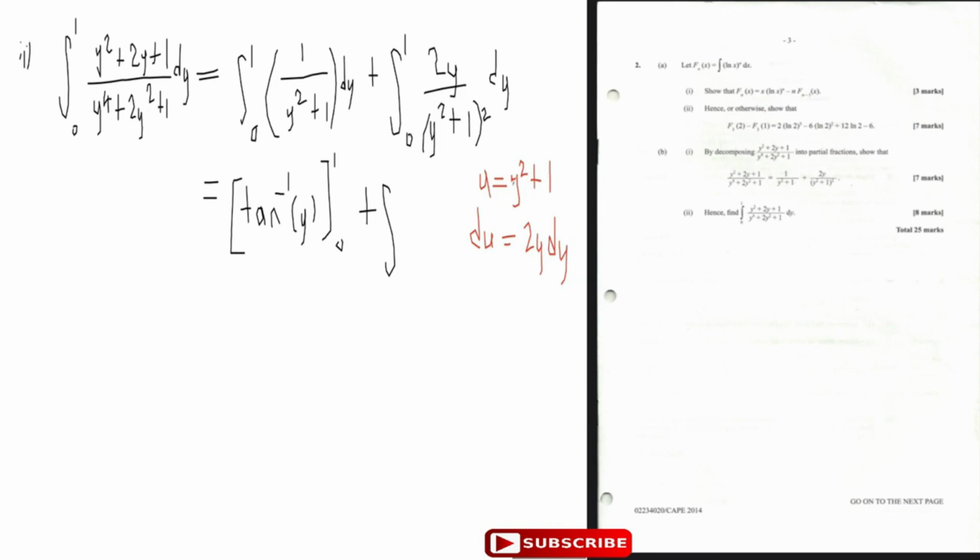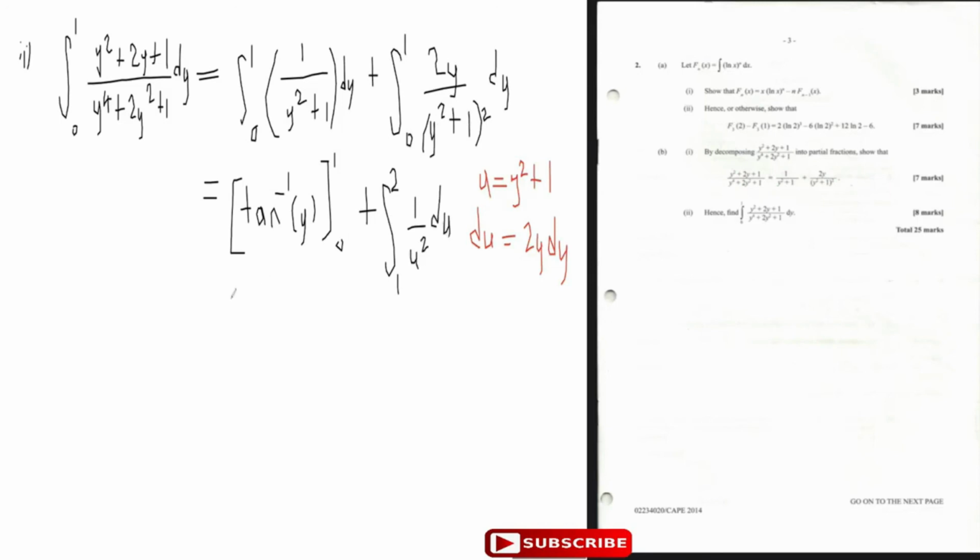When y is 0, the lower limit becomes 1, and when y is 1, the upper limit becomes 2. So it's now the integral from 1 to 2 of 1 over u squared du.